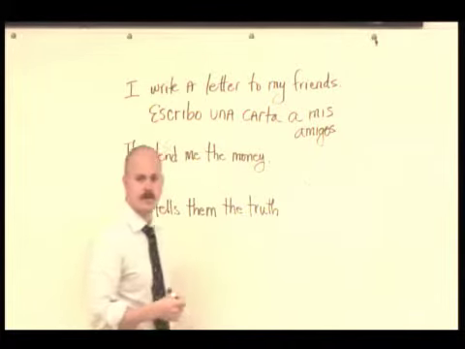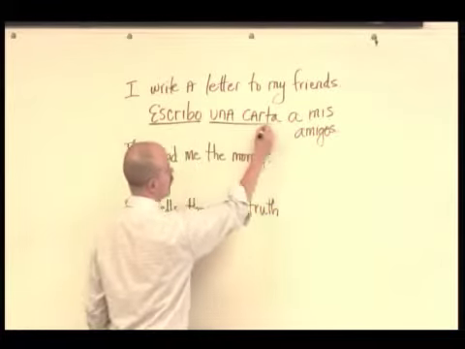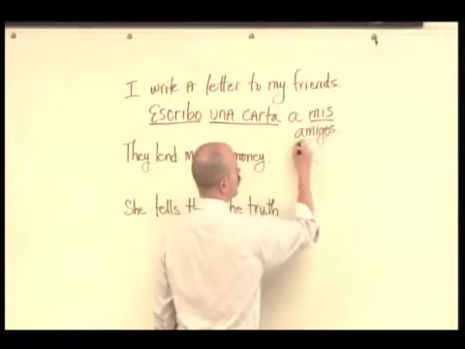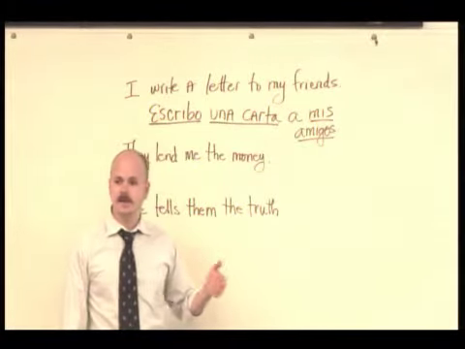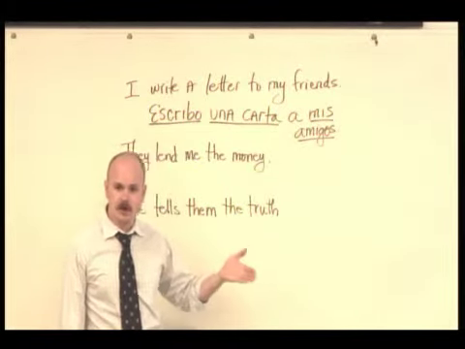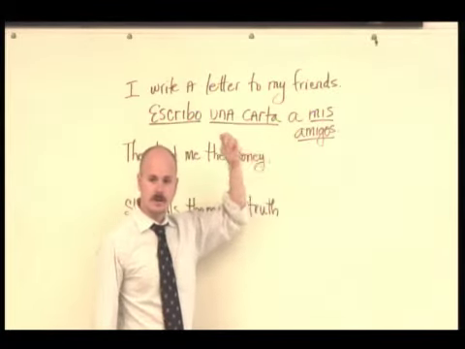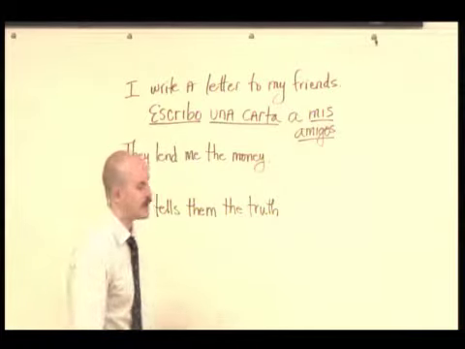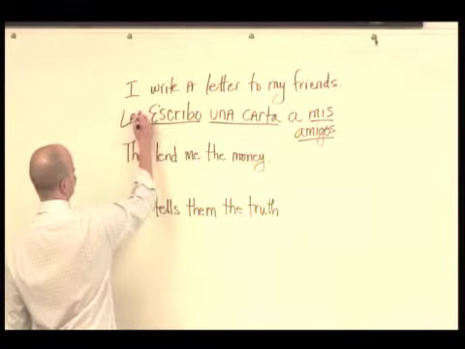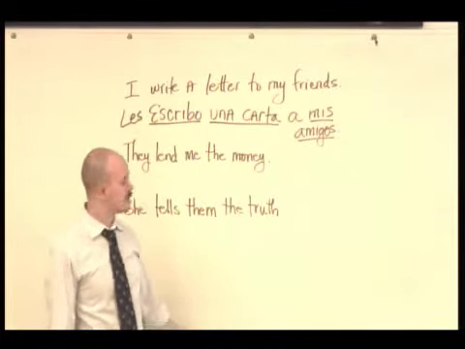So remember, if we look through this sentence, this is our verb, our direct object, and our indirect object. Because we have an indirect object in this sentence, we need to have an indirect object pronoun. Mis amigos would be third person plural. And so our indirect object pronoun in this case would be les. Les escribo una carta a mis amigos.